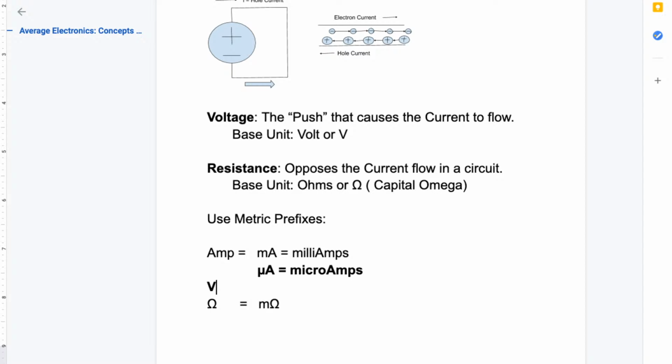Let's do V for volts. It's not nearly as exciting. There we go. And once again, we'll have the millivolts.